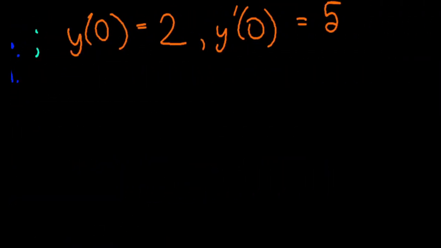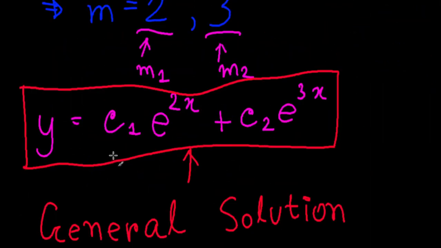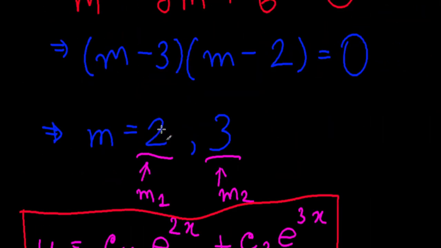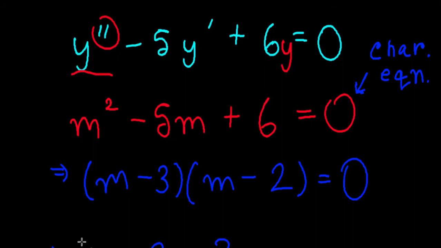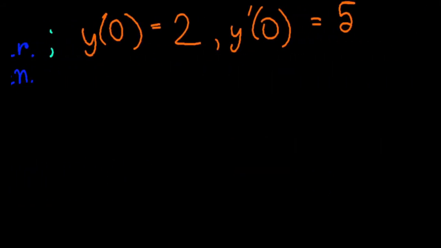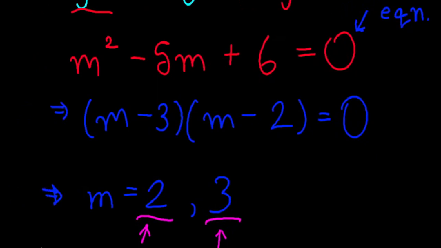Let's try to find a particular solution to my differential equation, since we now have initial conditions. So x equals 0, y is going to equal 2. Let's plug those in.